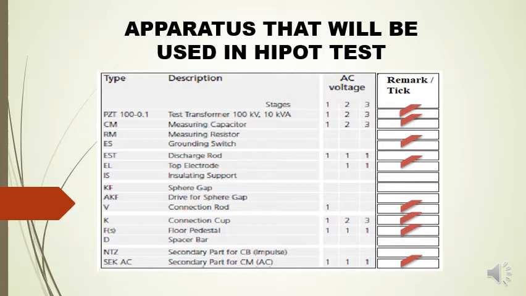This secondary part for the capacitor contains only 2 microfarad, and the voltage that can pass through the secondary capacitor is only about 7 volt AC RMS.